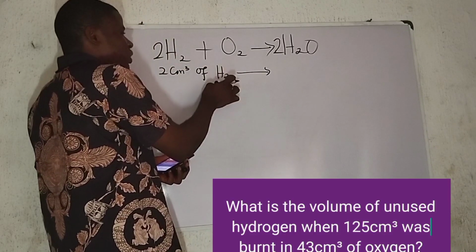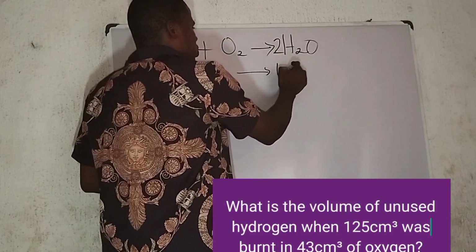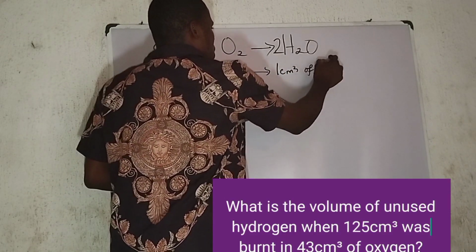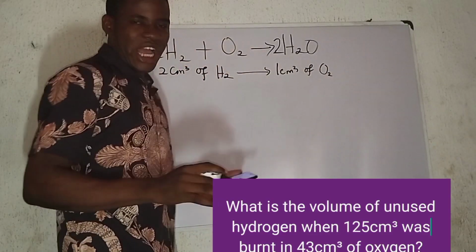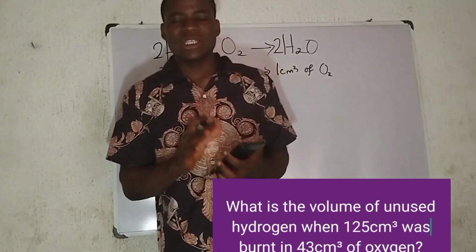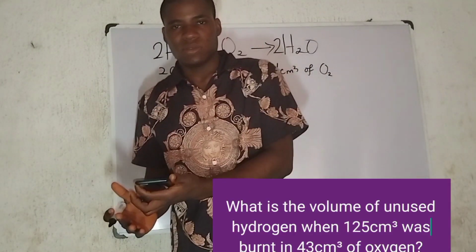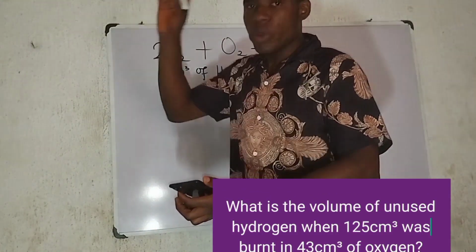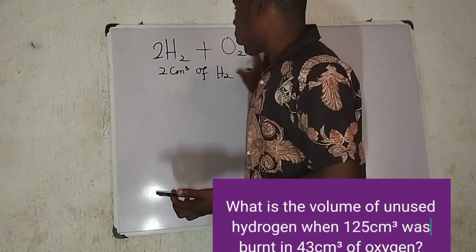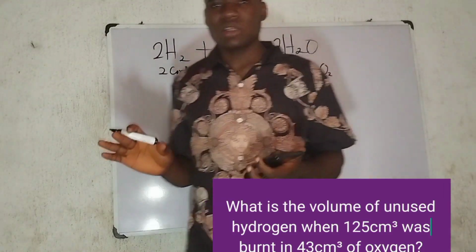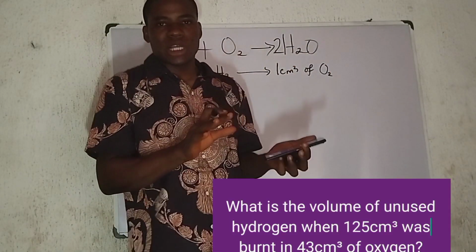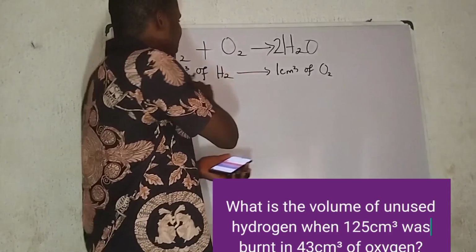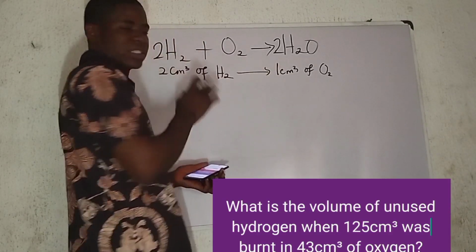So 2 cm³ of hydrogen is meant to react with 1 cm³ of oxygen. Whenever you react hydrogen and oxygen, 2 cm³ of hydrogen is going to react with 1 cm³ of oxygen. It is standard, just like a constant. So this is the standard value that would react.